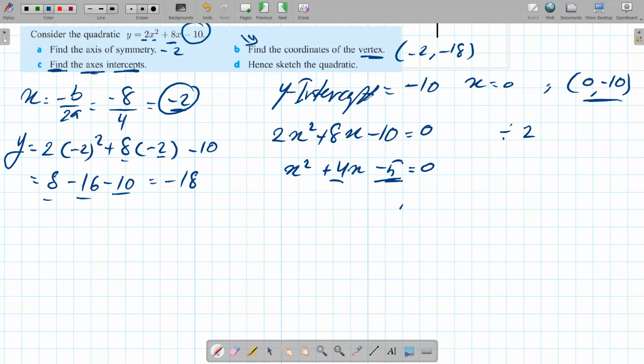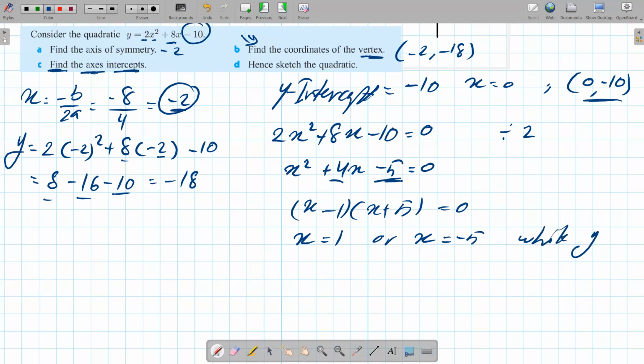For sure, it should be 5 and negative 1, right? Yeah. And x plus 5 times x minus 1 equals 0. This is a normal factorization, by the way. Then either x equals 1 or x equals negative 5 while y equals 0. Then we found 2 points, 1 and 0, and negative 5 and 0. Got the idea?